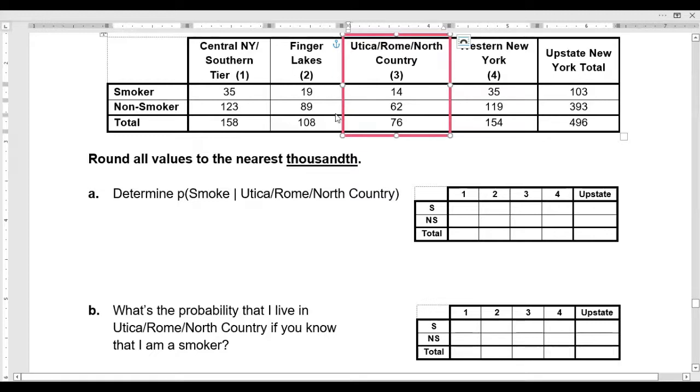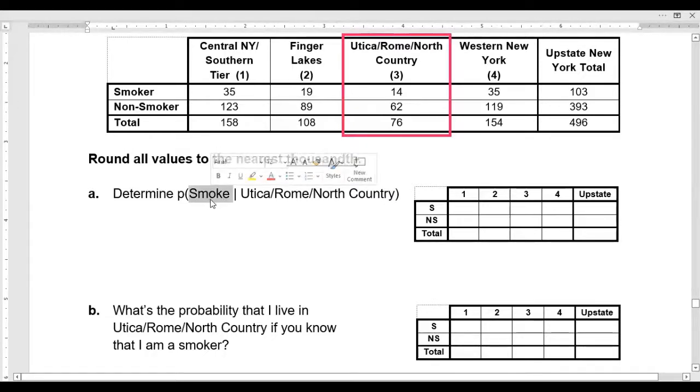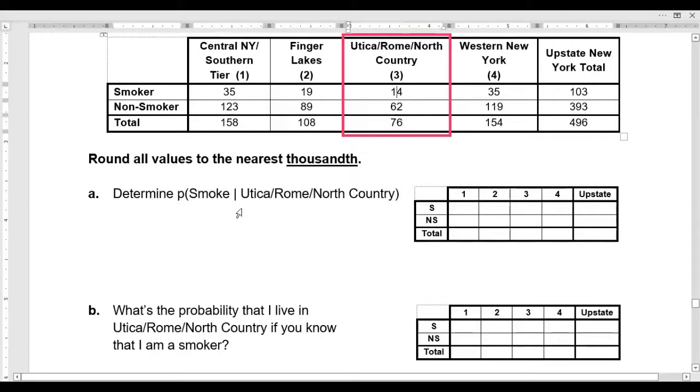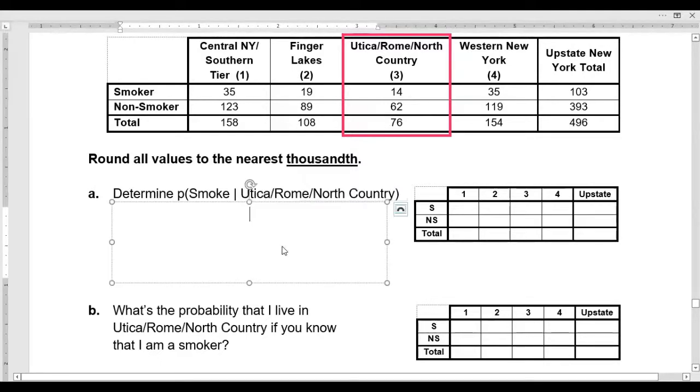So this is the only place where I look. Now, based on this, I want to figure out how many people smoke out of how many people are total in that region. So for smoker, there were 14, and for total, there was 76. So this probability is going to be 14 out of 76.